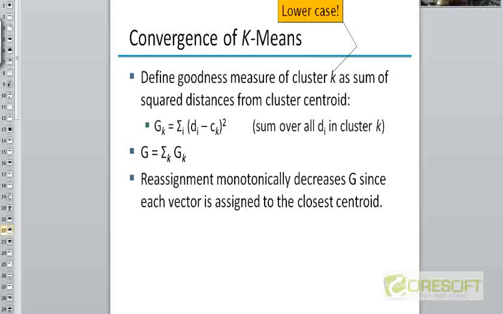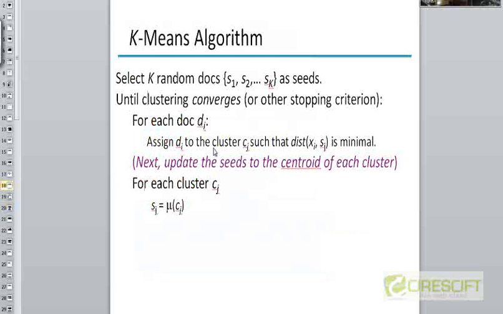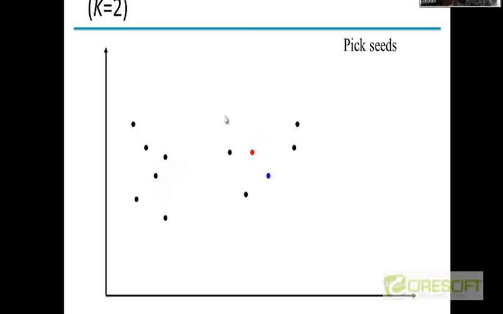Now there are two things we do. Let's go back to the algorithm itself. So before the break, we were trying to look at a measure which we called capital G, that we claimed will go on decreasing with each iteration of the K-means algorithm.